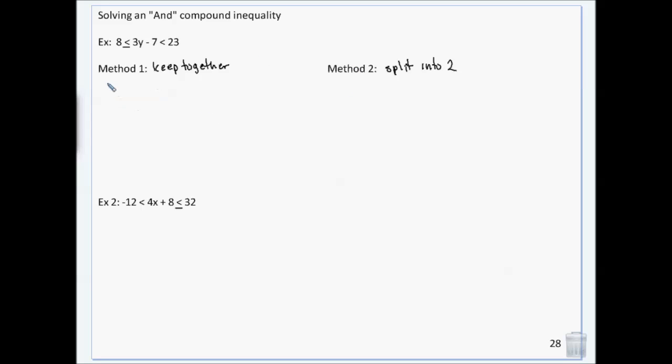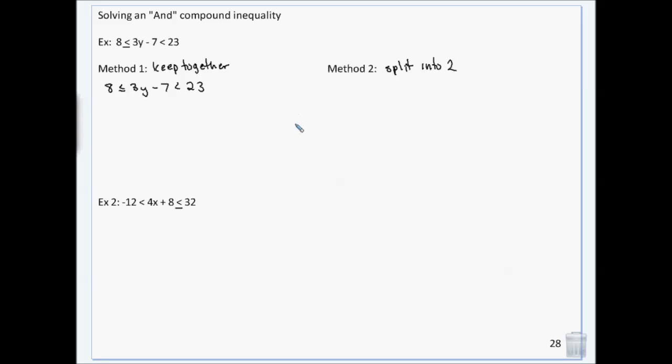So if we keep it together, when you solve a regular equation, you have to do the same thing to both sides of the equal sign or both sides of the inequality. When you're solving a compound inequality that's an intersection presented this way, you actually have 3 sides. You have the right, the left, and the middle.